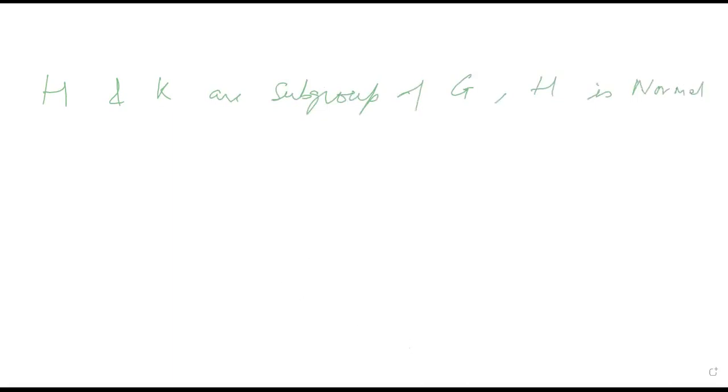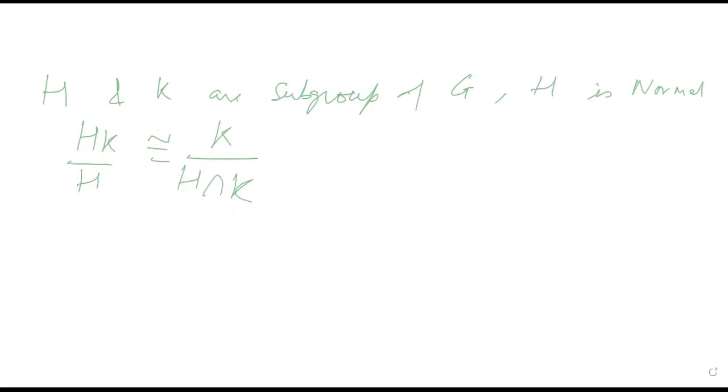Then we have to show that HK by H is isomorphic to K by H intersection K.